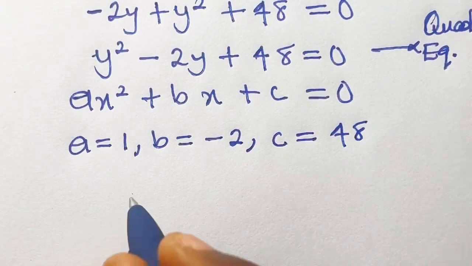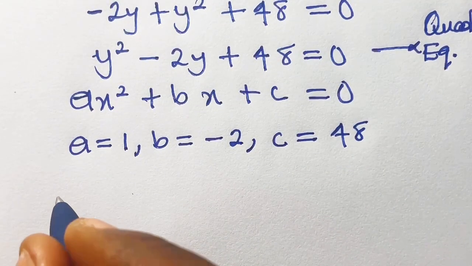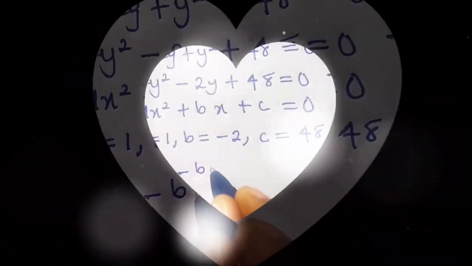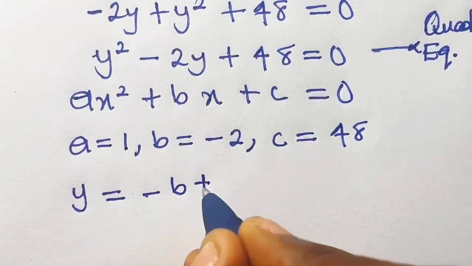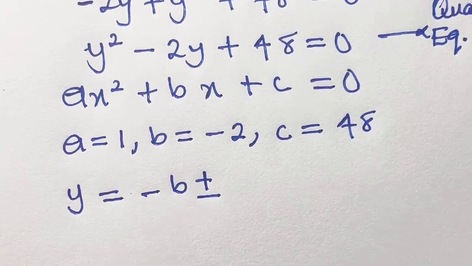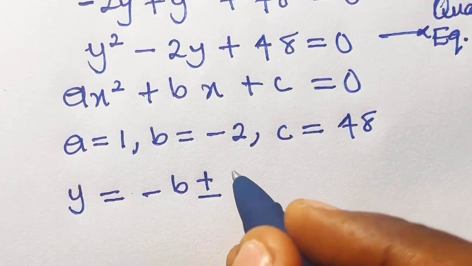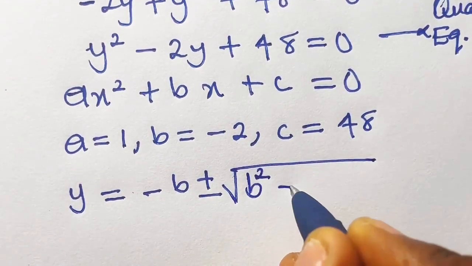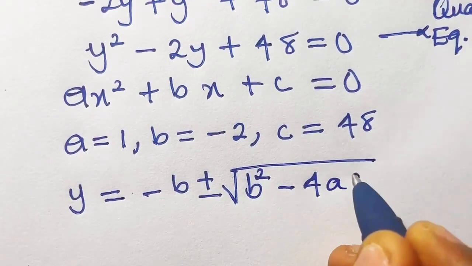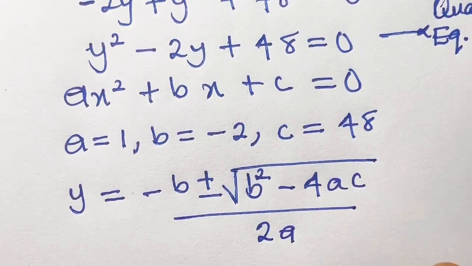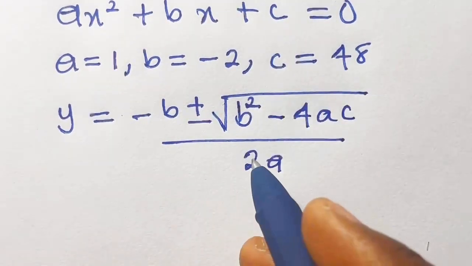All right, so from the quadratic formula we have y equals minus b plus or minus square root of b square minus 4ac, divided by 2a. So we now substitute these values into this formula.